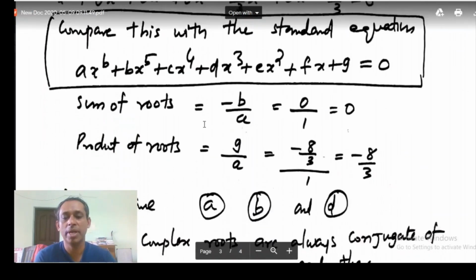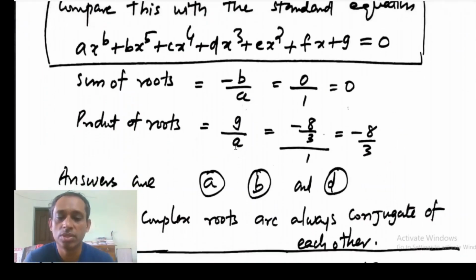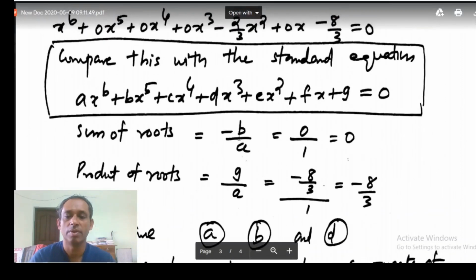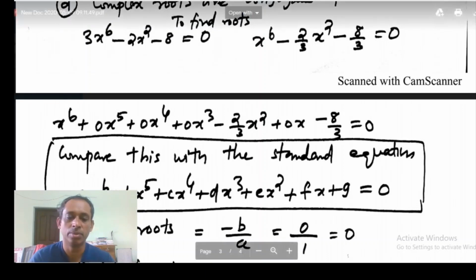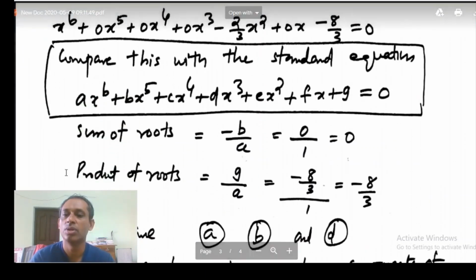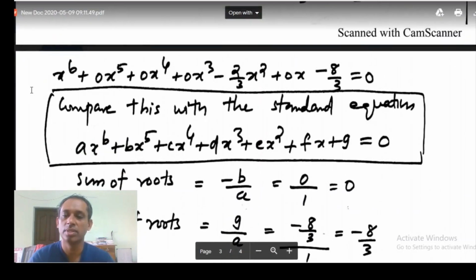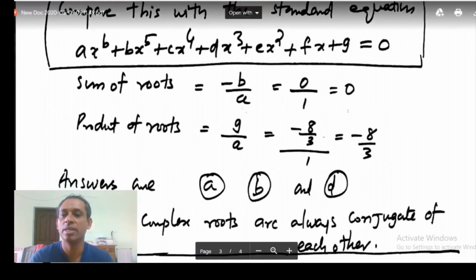So as I compare, the sum of the roots is given by minus b by a, which is 0 by 1, that is equal to 0. Product of roots is given by g by a, that is minus 8 by 3 by 1, minus 8 by 3. So sum of roots is 0, product of roots is minus 8 by 3.